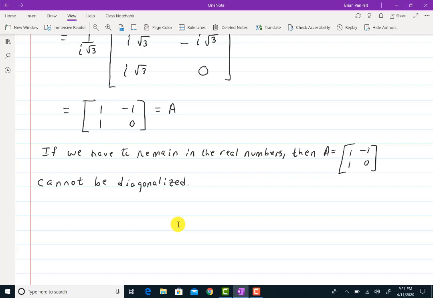So once I broke into complex, I was unable to do anything. You can see the eigenvectors.